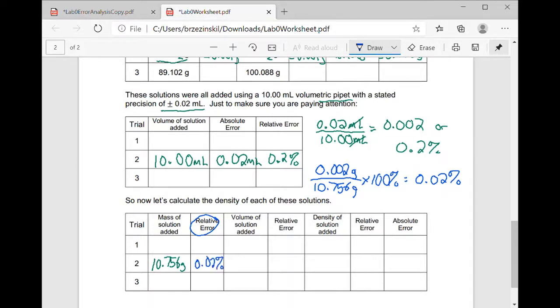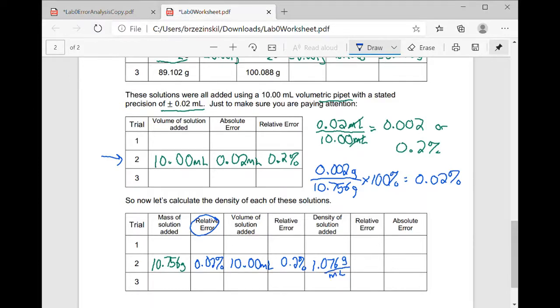So 0.02%. From up above, we're told that we have 10 milliliters with a 0.2% error. That's what we figured out in this table over here. So the density of the solution that we added, therefore, is 1.076 grams per milliliter.